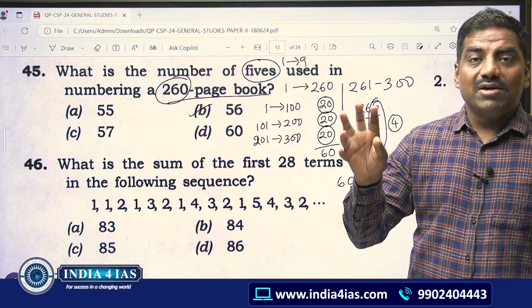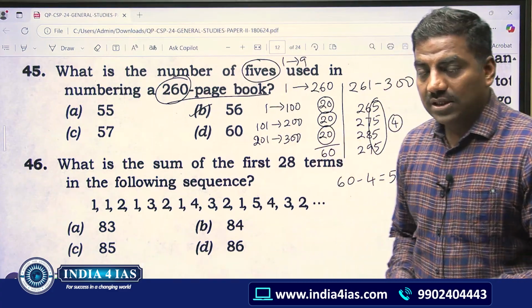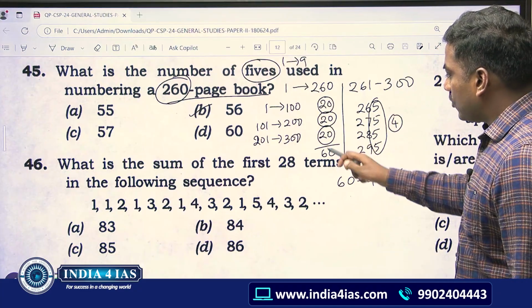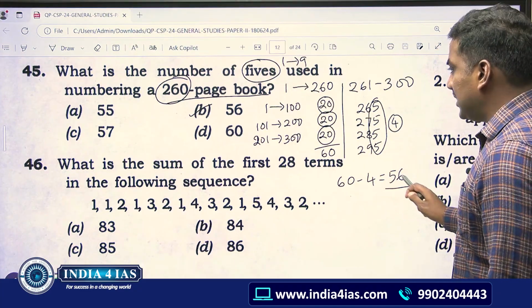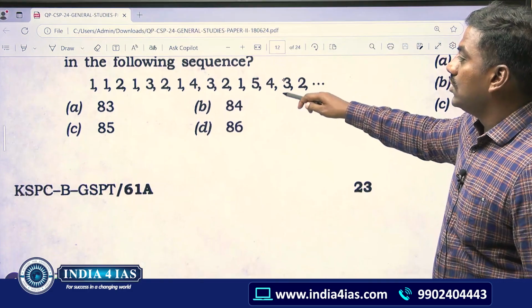For example, 101 to 200, 1 will come for many times, so that we should not think. So 20, 20, 20, so 60, I am subtracting 4. Answer is 56. Next question.